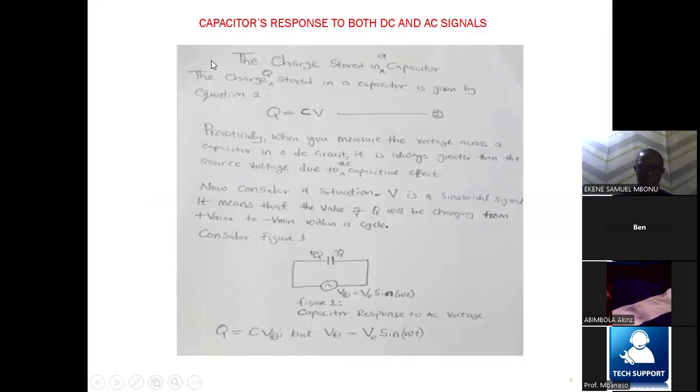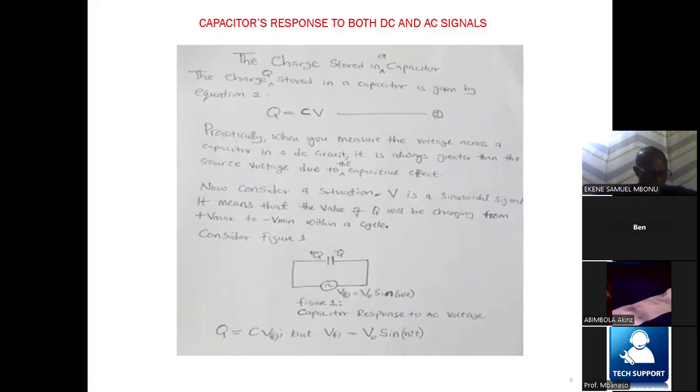We'll come to point number 2, the charge stored in a capacitor. The charge stored in the capacitor is given by Q equal to CV. I don't know whether you have tried measuring the voltage across a capacitor before. You measure the voltage of a source before you insert the capacitor across the source.